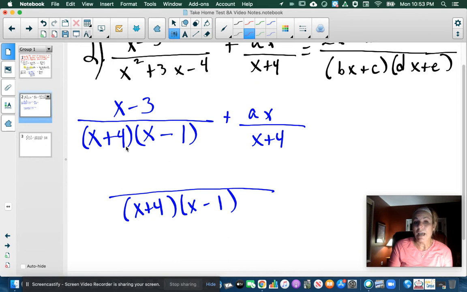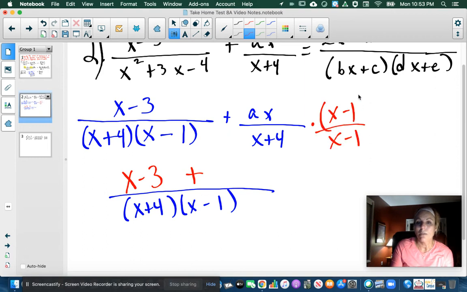Nothing, because the denominator is the common denominator. So we just bring down the x minus 3. Well, what do we have to multiply this rational expression by? Well, we have to multiply by (x - 1) over (x - 1), because it's missing an x minus 1 in the denominator.